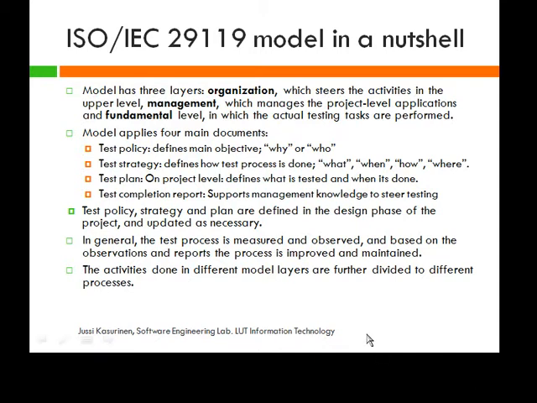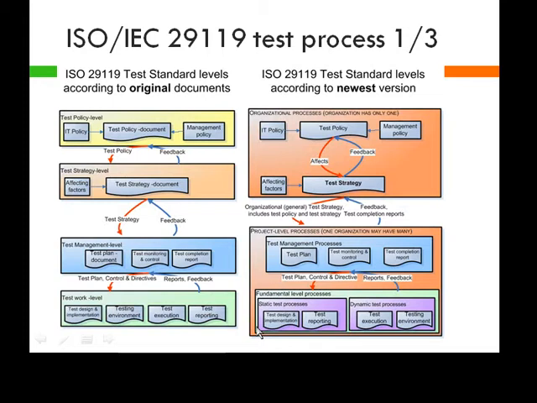And well, in the general test process, the idea is that these 3 layers are connected to each other, and things happen within levels, and there's processes which do different things. If we see here, the original idea is that there's a policy level, strategy, test management, and test work. And here, these parts are from the project.